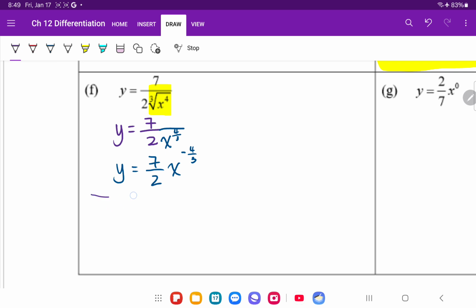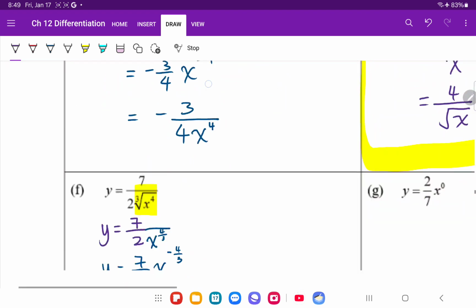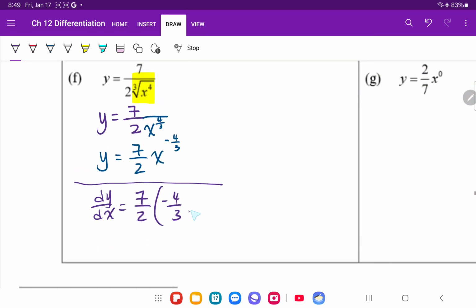Let's begin differentiation. dy/dx equals 7 over 2. Power comes down, and then the power subtract 1. What you will end up with is negative 14 over 3, x to the power of negative 7 over 3.